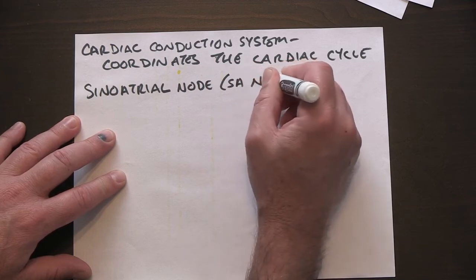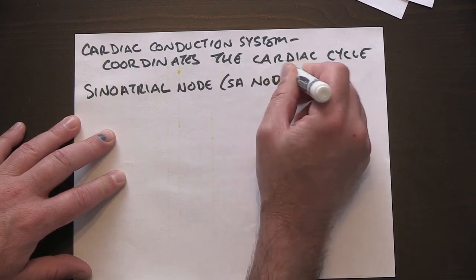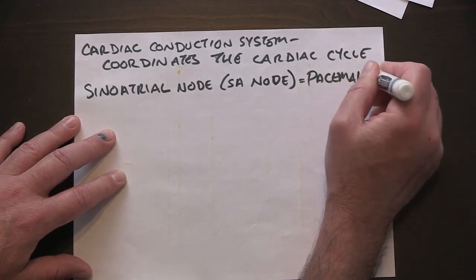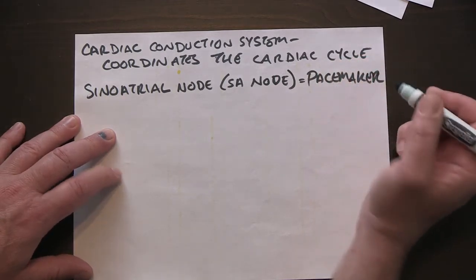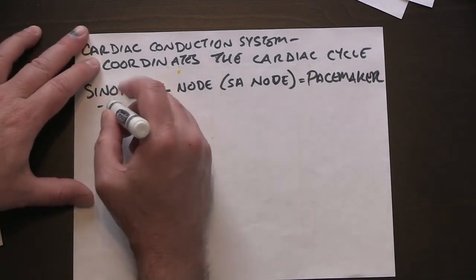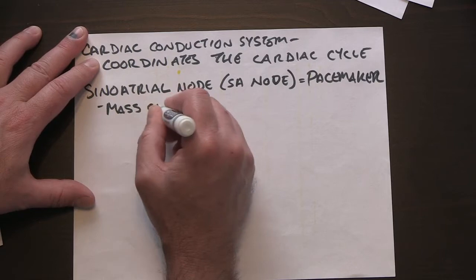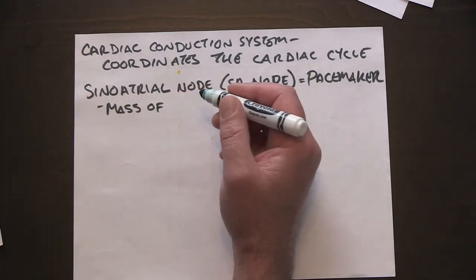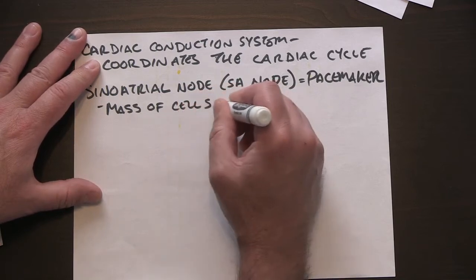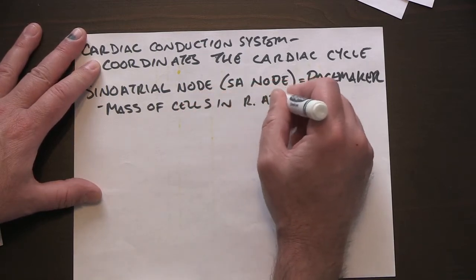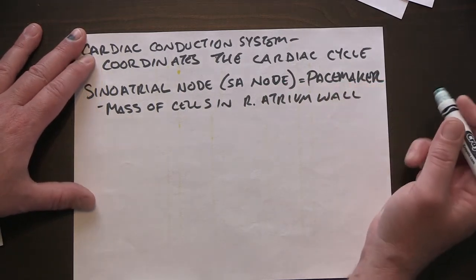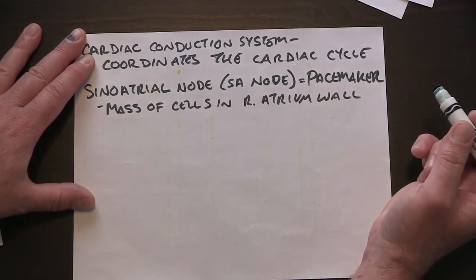Most people just call it the SA node. It's also known as the pacemaker, because this is where the conduction starts. This is a mass of cardiac muscle cells in the right atrium wall, where the signal basically starts.